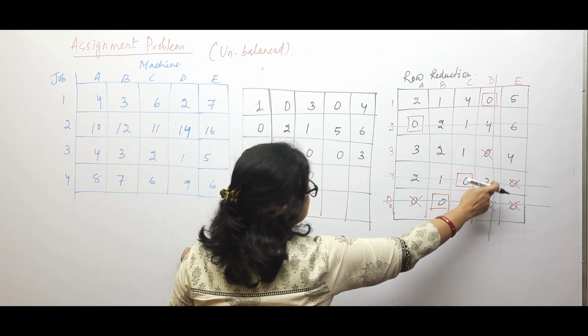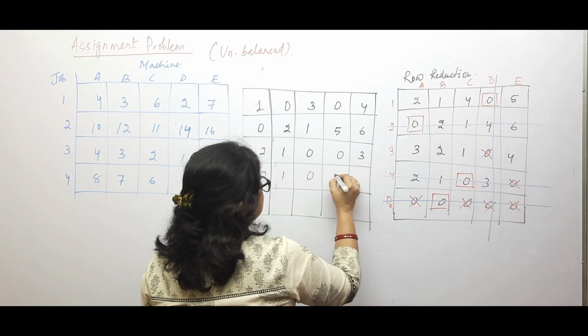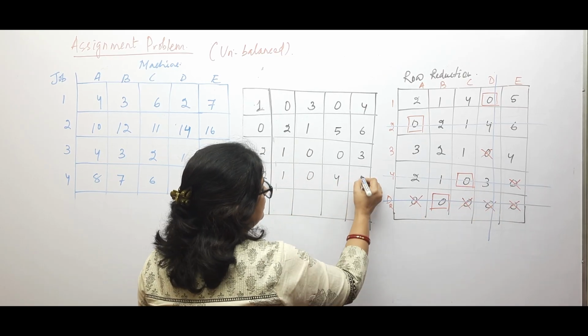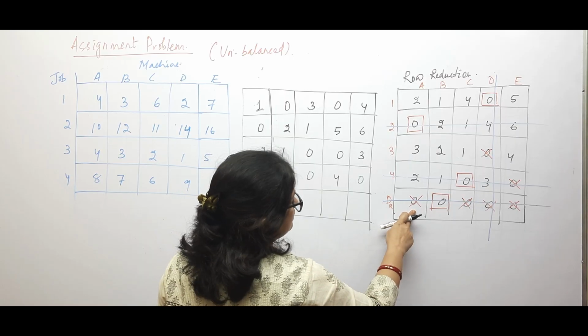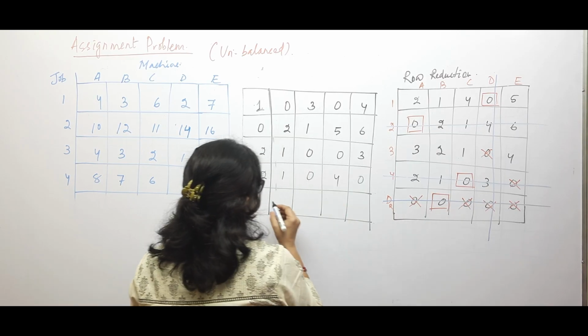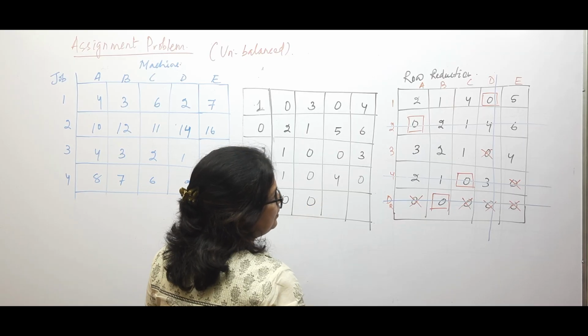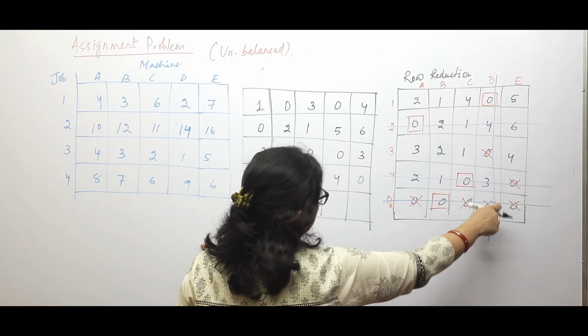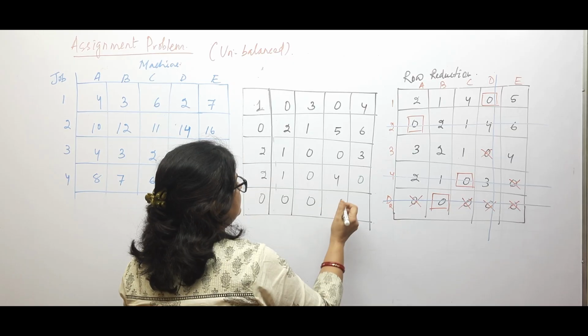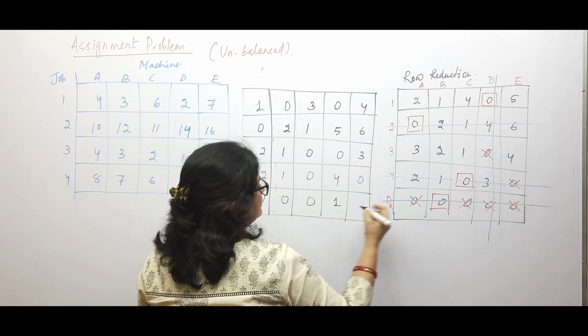Then here there is an intersection of the lines. So we need to add the value, and 0. Here there will be no change, like 0, 0, 0. Here there is an intersection of the lines. So we can add 0 plus 1, 1. Then 0.